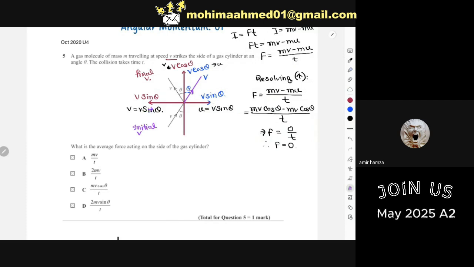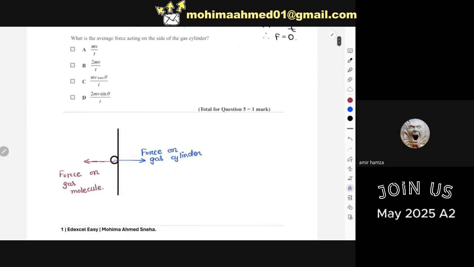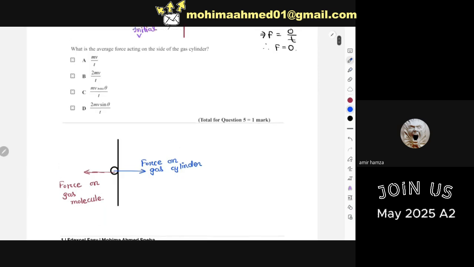As I want to find out the force exerted onto the gas cylinder, and that force was actually towards the right, I'm going to consider the right direction as positive because that's what I want to find out. So I'll consider that as positive and that as negative.